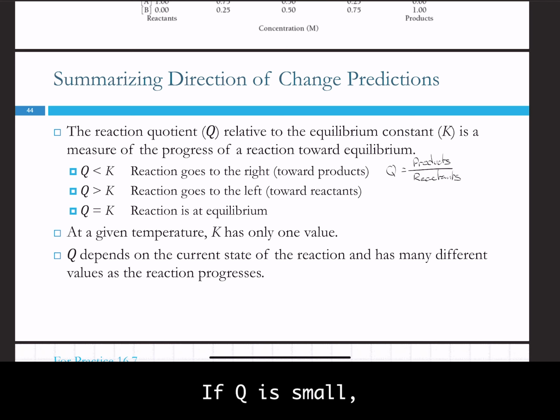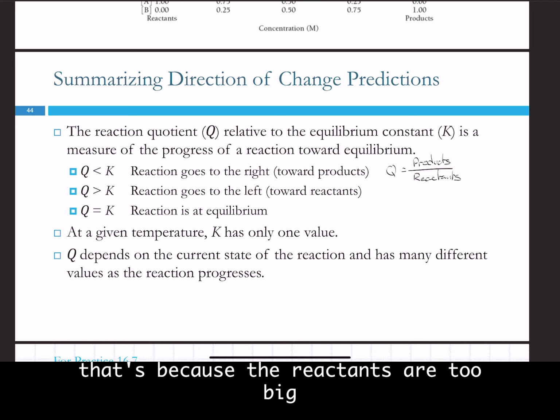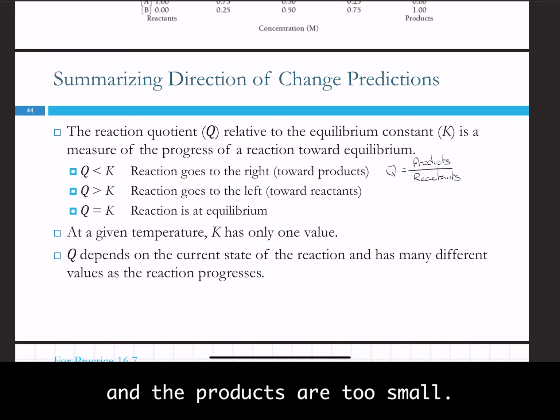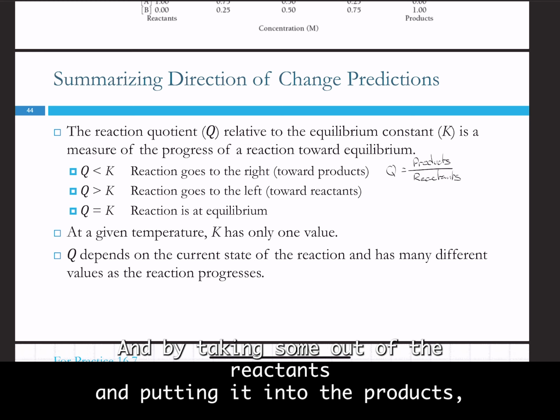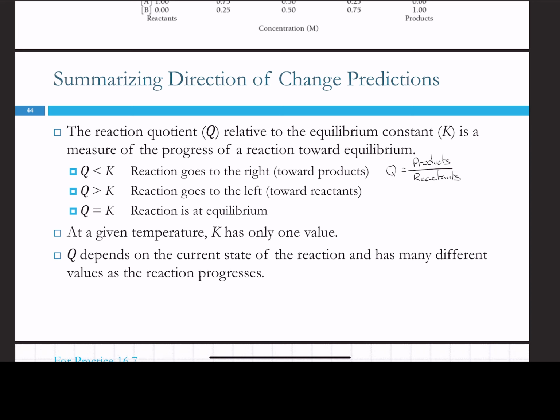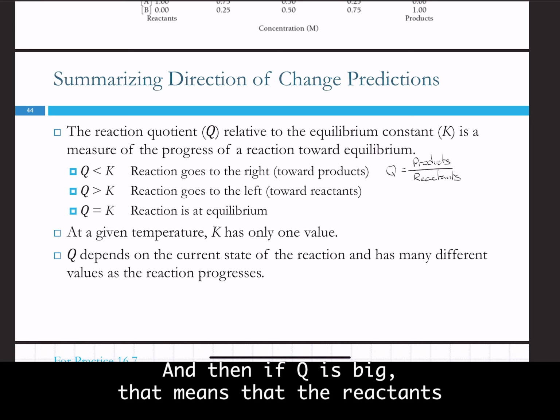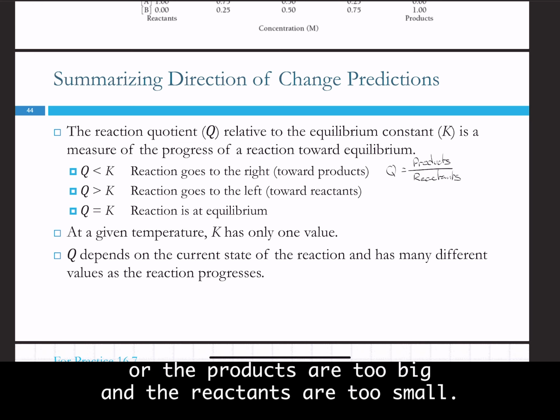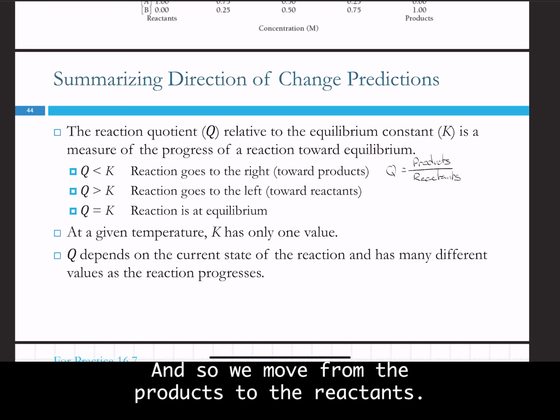If Q is small, that's because the reactants are too big and the products are too small. And by taking some out of the reactants and putting it into the products, that ratio gets larger. And then if Q is big, that means that the products are too big and the reactants are too small. And so we move from the products to the reactants.